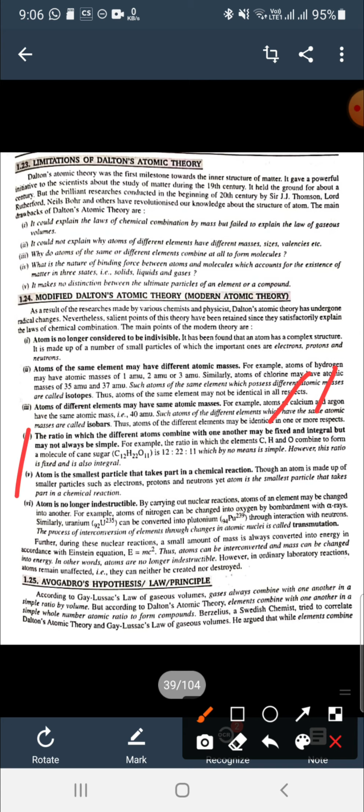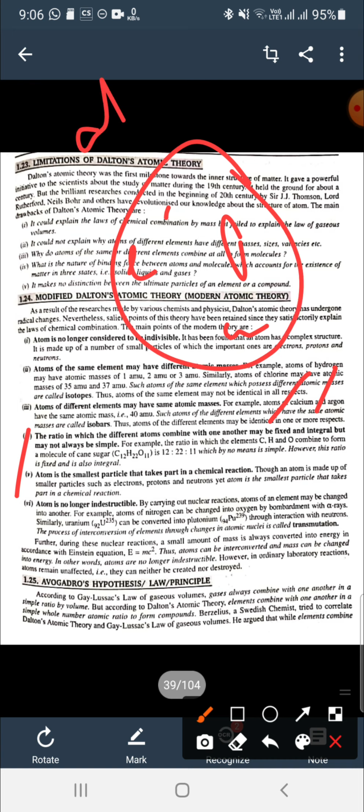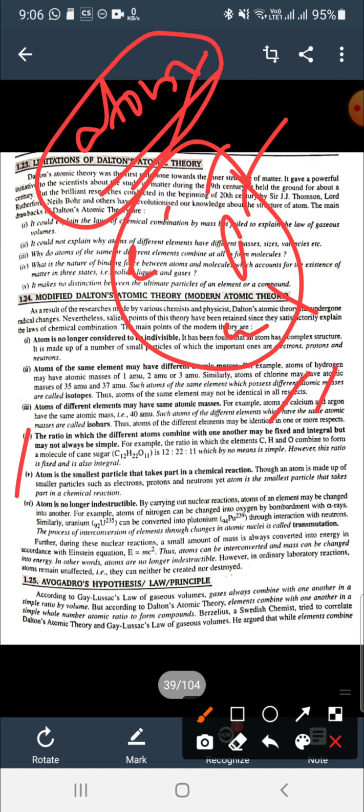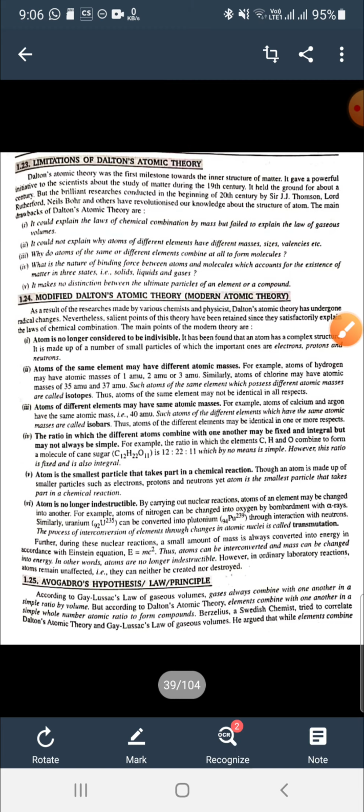The atom is the smallest particle that takes part in a chemical reaction. It must be kept in mind that whether electrons, protons or neutrons are there, the atom is the smallest particle which participates in any chemical reaction. Electrons, protons, neutrons cannot take part alone. So the atom is the smallest particle which may participate in a reaction.